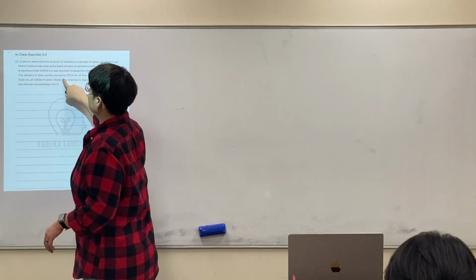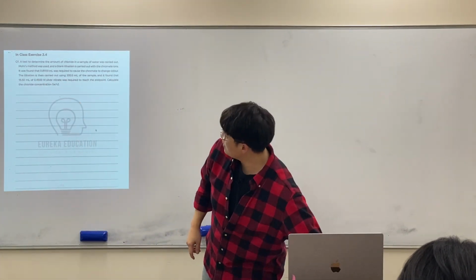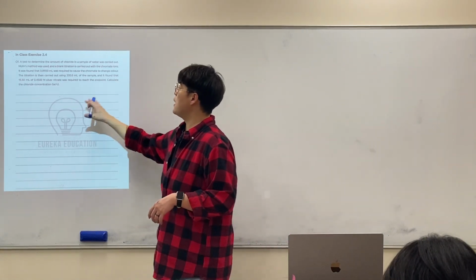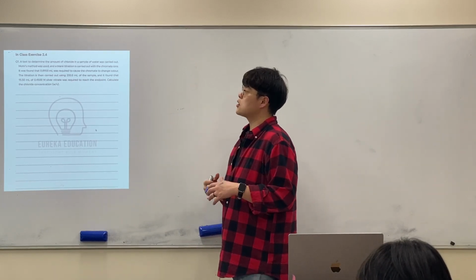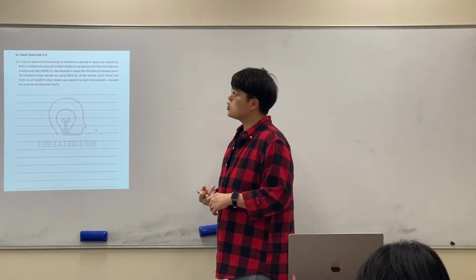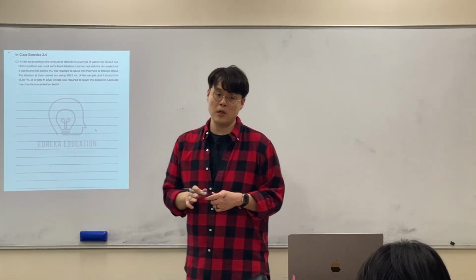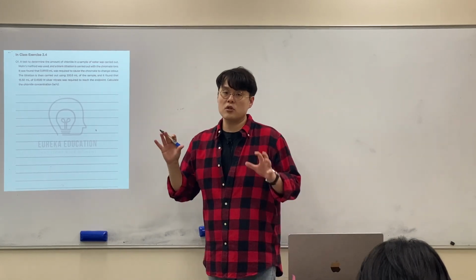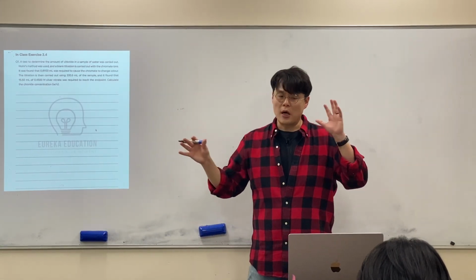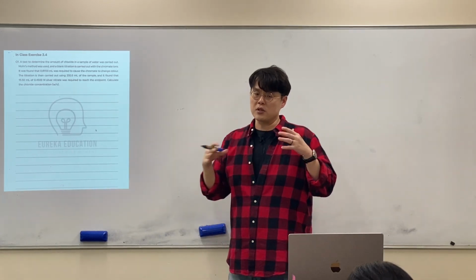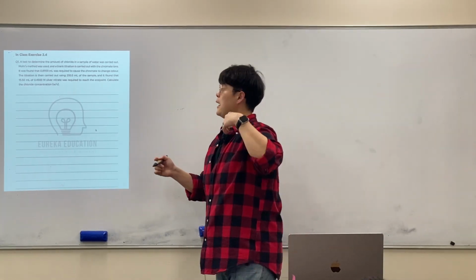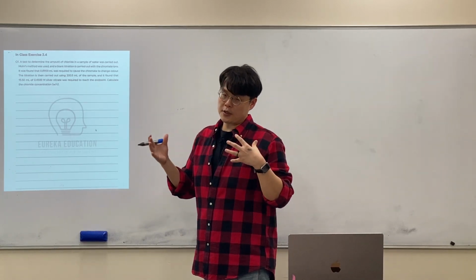The titration is then carried out using 200 mL of the sample, and it was found that 50 mL of 0.45 molar silver nitrate was required to reach the end point. Calculate the chloride concentration. This is the reason why I ask you to memorize or understand the procedure of each of the methods, because sometimes they won't tell you, or they will only describe the methods. This is kind of a trendy HSC question style these days.